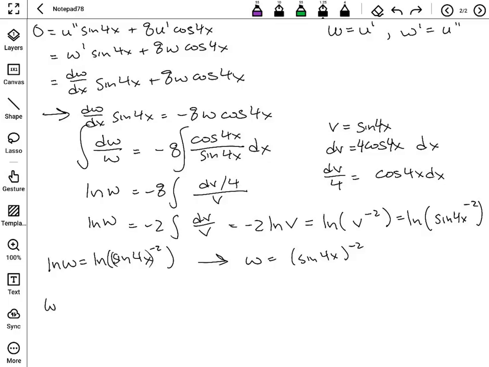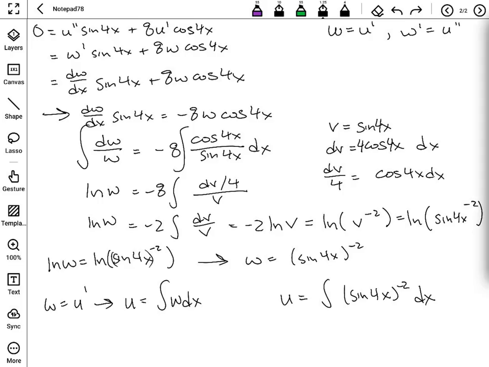So since w is equal to u prime, that means that u is the integral of w with respect to x, because I could integrate both sides to get rid of the prime on the right side. So, given my w from before, that means that u is the integral of sine 4x to the power of minus 2 dx. How do I do this?